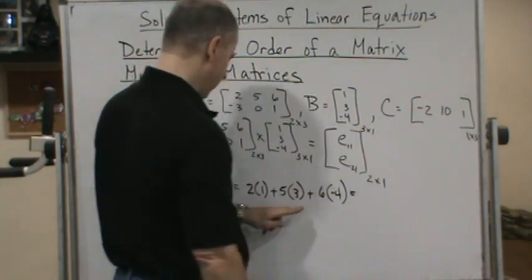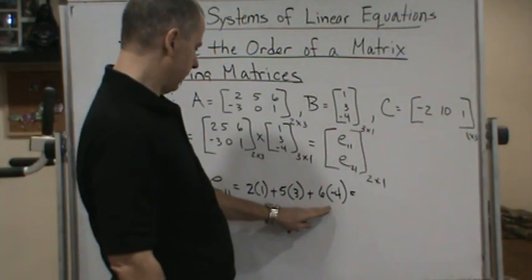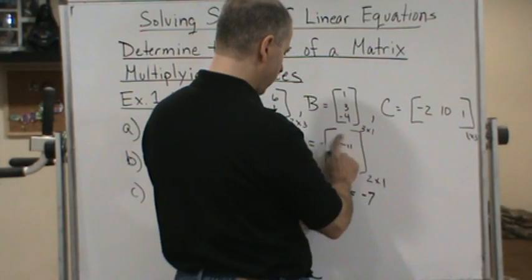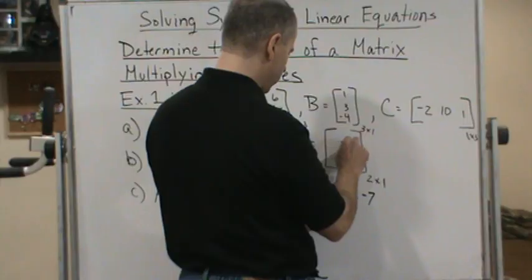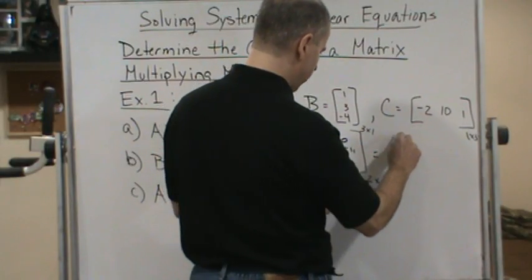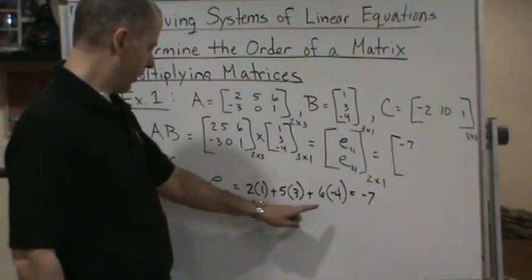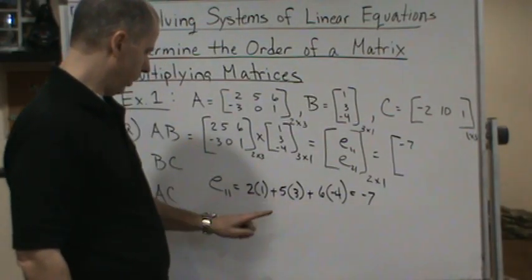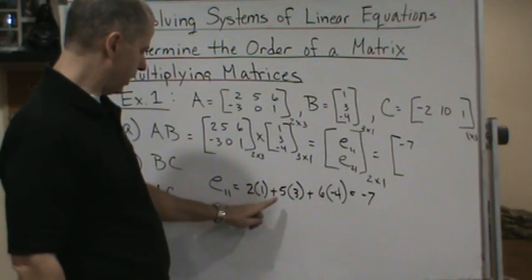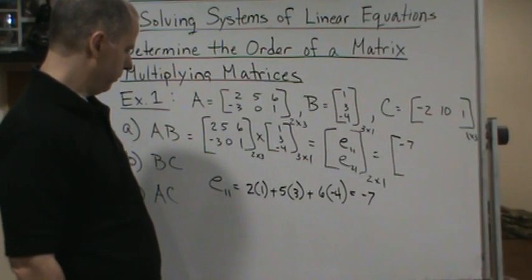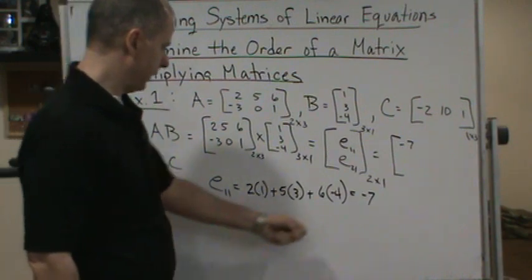Right? So it would be 17 plus negative 24, which is going to give us negative 7. Okay? So E11, let me just write. So this will be negative 7. Again, just make sure we did that right. So negative 24, so this is going to be 17, which is going to be negative 7, right?